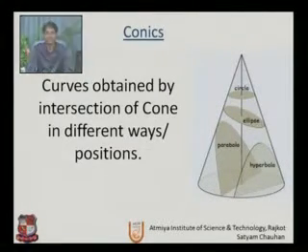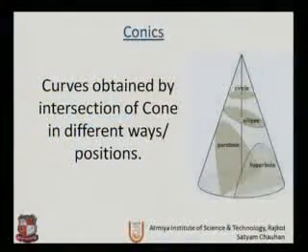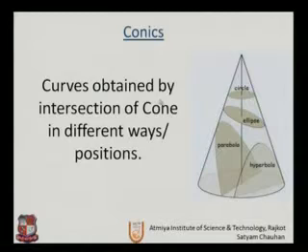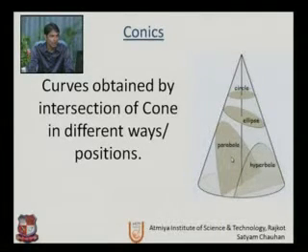We have to be familiar with these parameters of the cone, and from a cone we can get different types of engineering curves as seen in the figure: circle, ellipse, parabola, hyperbola.